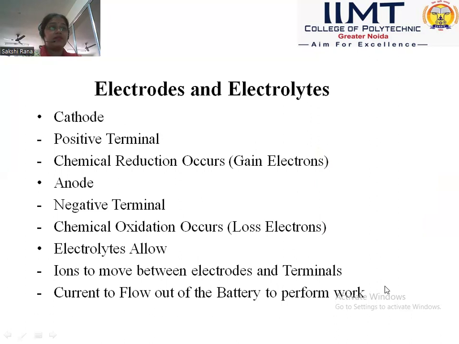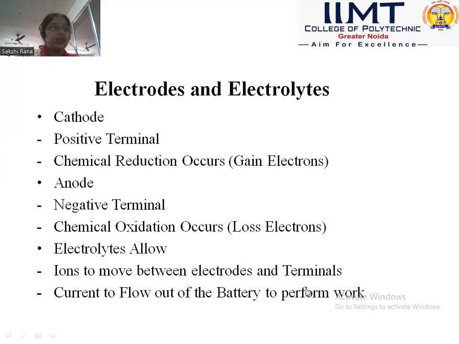Next is electrodes and electrolytes. What are electrodes and what are electrolytes? There are two terminals of the battery, the cathode and the anode. The cathode is known as the positive terminal, right? At the positive terminal, chemical reduction occurs, which means gaining electrons. The electrons we receive from the negative terminal go to the positive terminal, right?